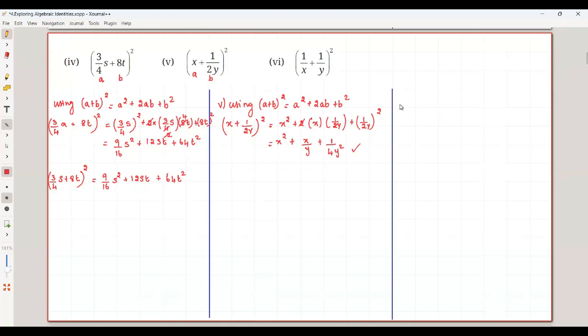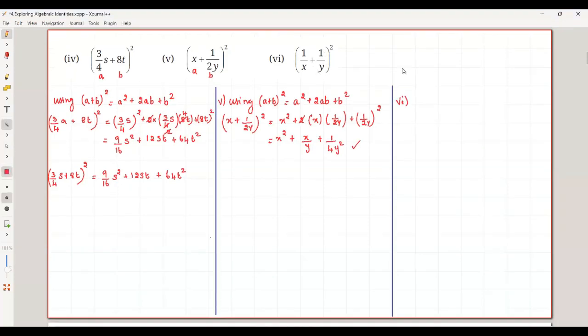Now the same way, sixth one. Here we have to take A is equal to 1 by x and B is equal to 1 by y. Using the same formula, A plus B the whole square is equal to A square plus 2AB plus B square.